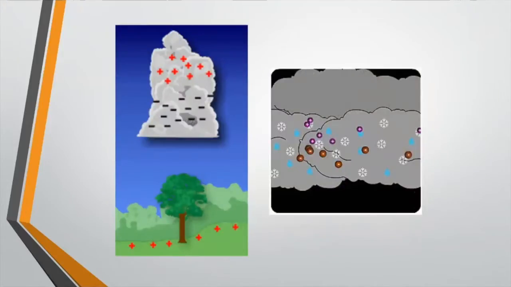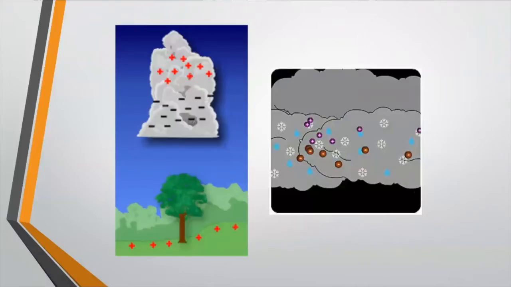So, electrons carry a negative charge, and the result is a positively charged top, as seen in both pictures, and a negatively charged bottom of the storm cloud.